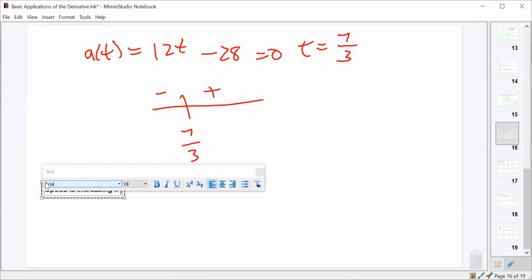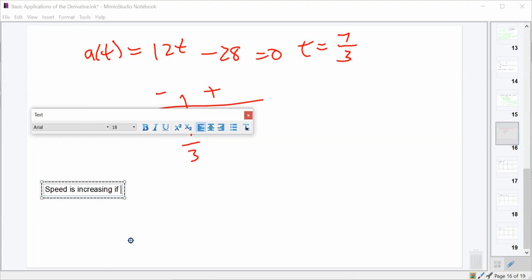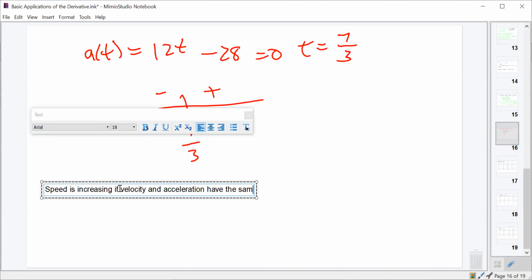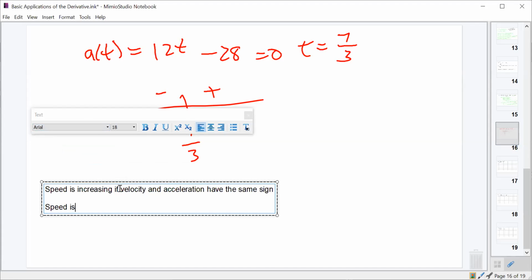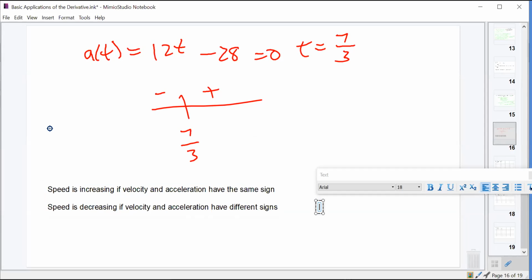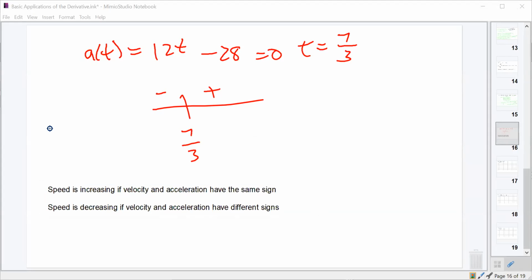Speed is increasing if what? Right. Speed is increasing if velocity and acceleration have the same signs, and speed is decreasing if velocity and acceleration have different signs.